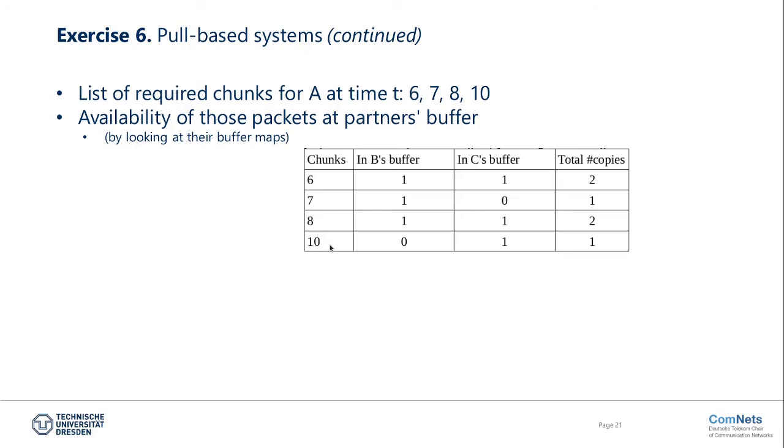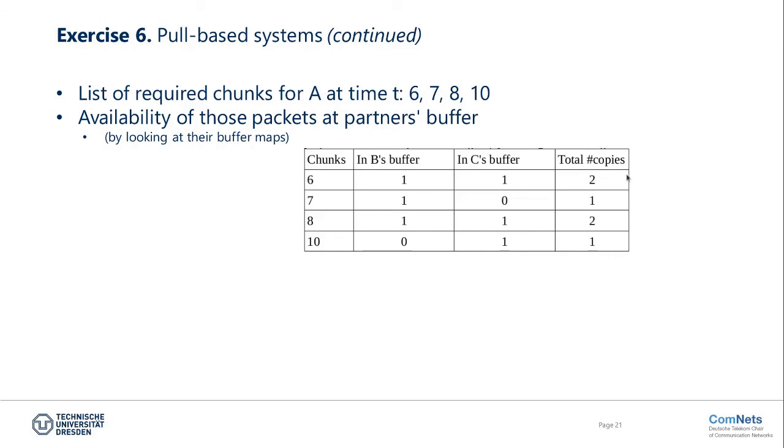And by looking at the buffer maps of peer B and peer C, we know that video packet number 6 is available at B and C. Number 7 is available at B but not C. Video packet number 8 is available at both B and C, and the last video packet, number 10, is not available at B but available at C. And here are the total number of copies of a certain video packet.